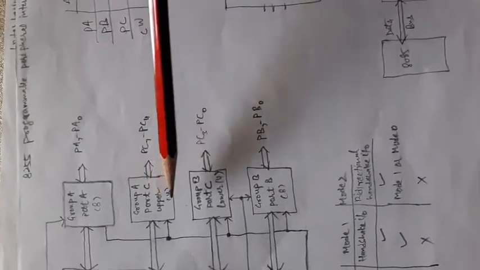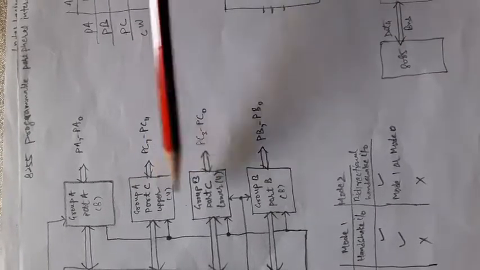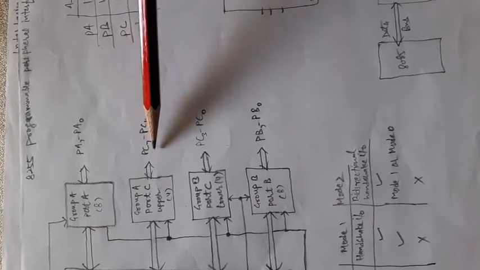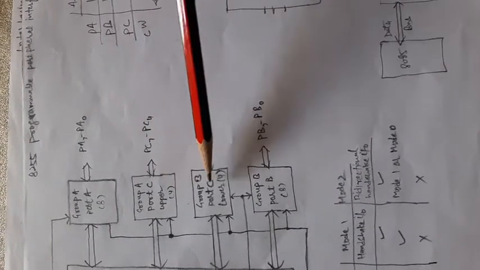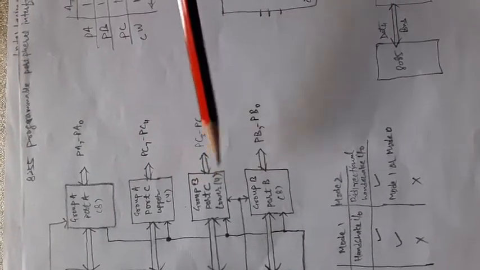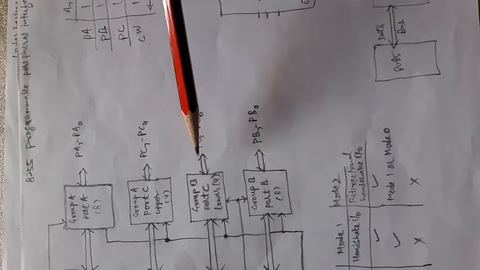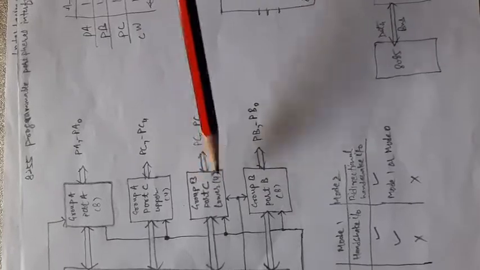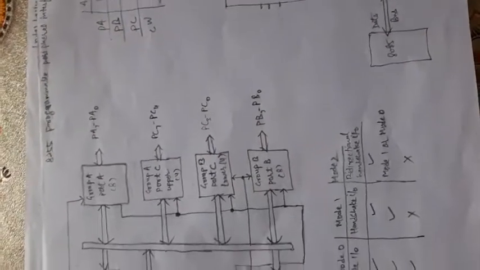Port C is divided into two parts: port C upper, PC4 to PC7, a 4-bit port, and port C lower, PC0 to PC3, the lower bits of port C. Why port C is divided, I will tell you within 5 minutes.